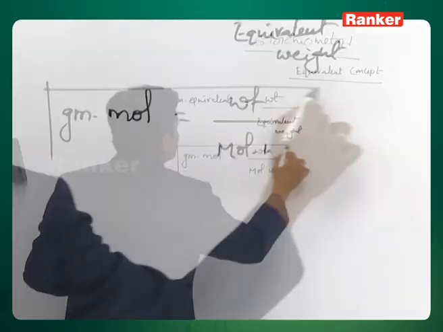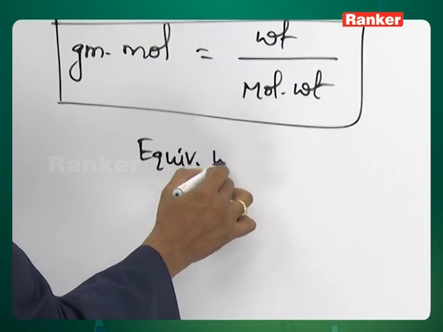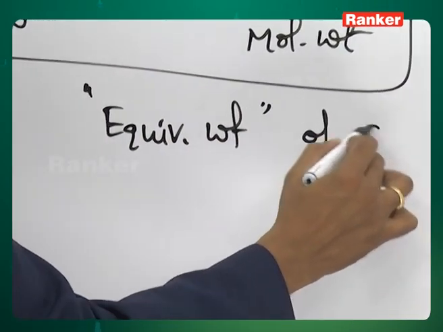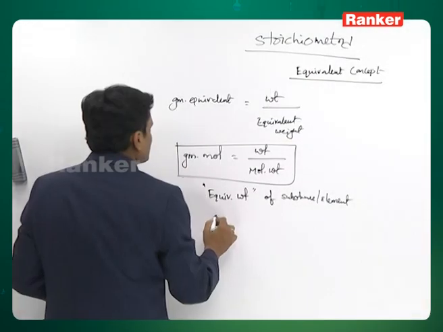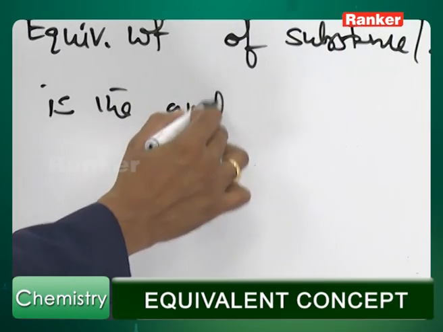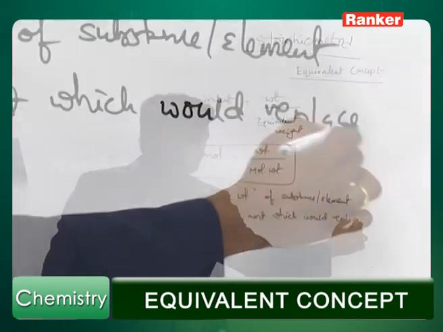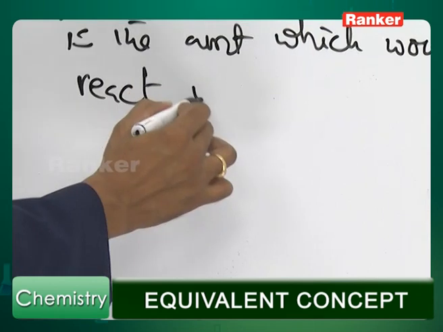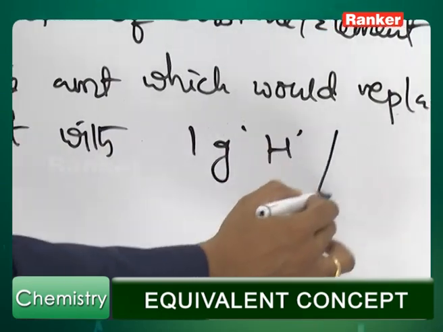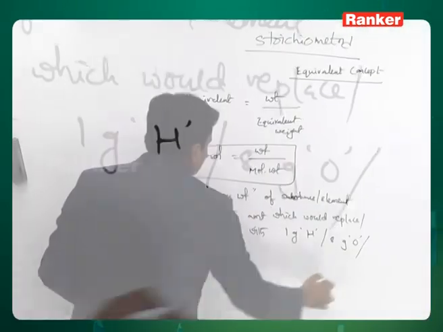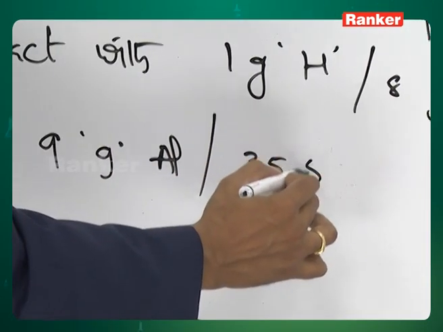Now, to get the clarity about the equivalent, to put this aside for the time being, it has been said that the equivalent weight of a substance or an element is the amount which would replace or react with either 1 gram of hydrogen or 8 gram of oxygen or 9 gram of aluminium or 35.5 gram of chlorine.